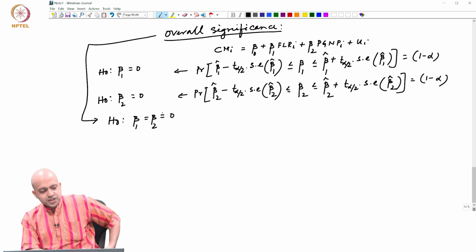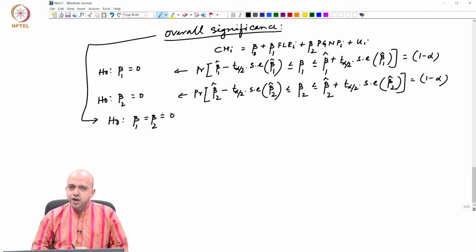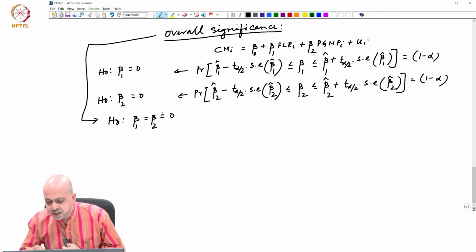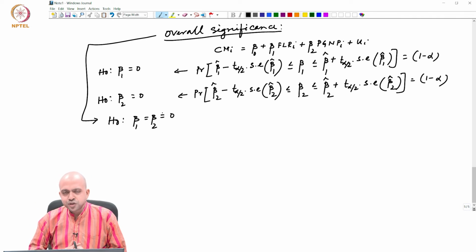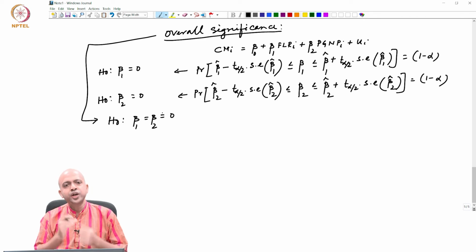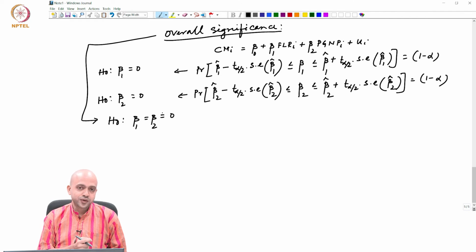Individually we have tested the significance of beta 1 and beta 2. Then what is the need of testing the combined significance of beta 1 and beta 2? Can't we say that since these variables are individually significant or insignificant, they are jointly also significant or insignificant?